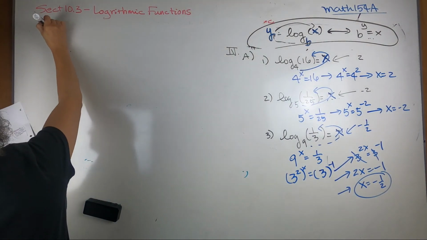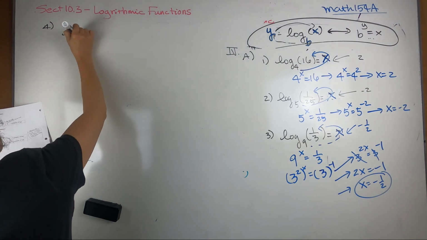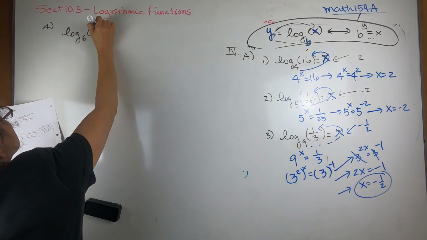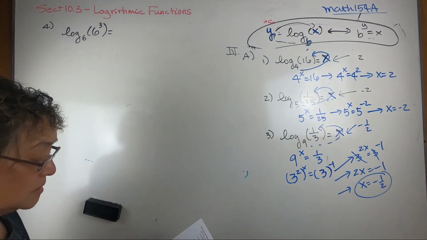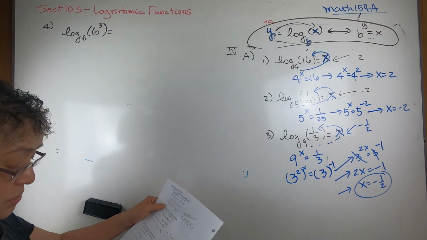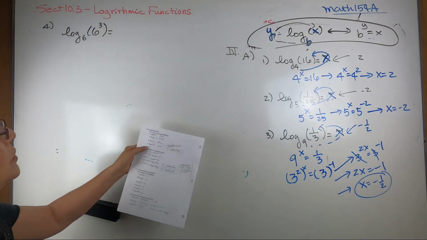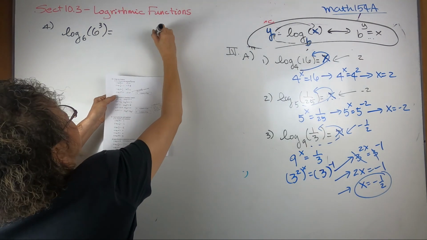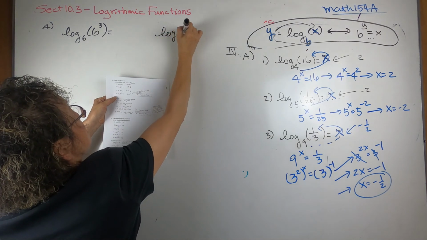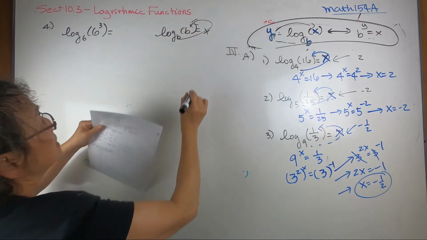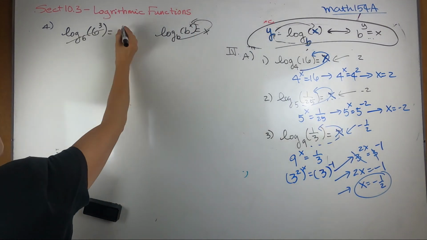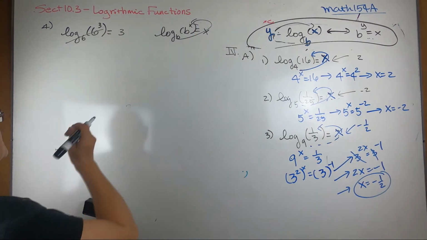Next one. If you have log base 6 of 6 to the 3, okay, we talked about earlier on the top. All right, so we have what? Log b of b to the x power is x, right? So if you have this way, you can just cancel. It becomes 3.